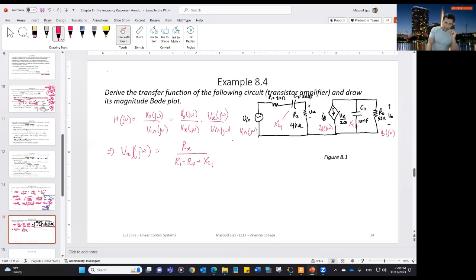Rx over R1 plus Rx plus XC1, times V input j omega. Which will be 4K. Let me just leave it right now. All right, so we're going to take this Vx j omega and plug it in over here, divided by 200. Now, how are we going to find the output, V out?